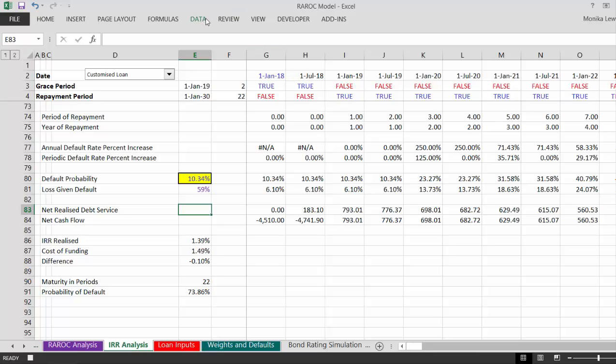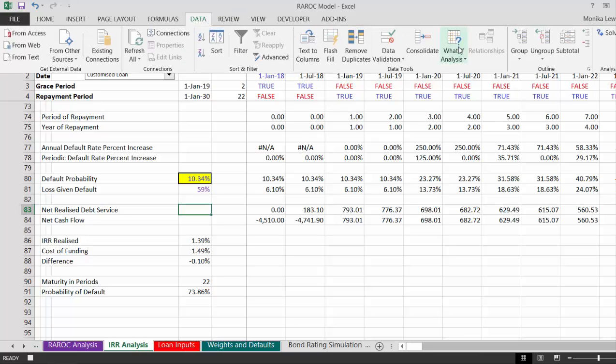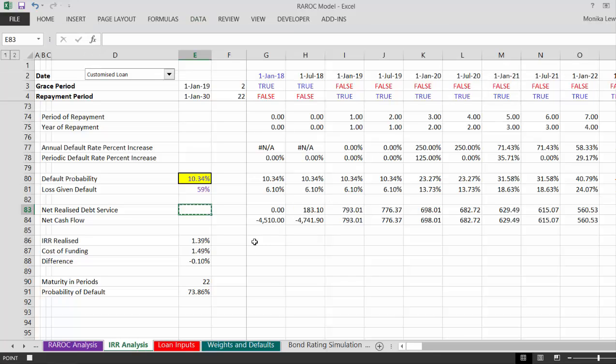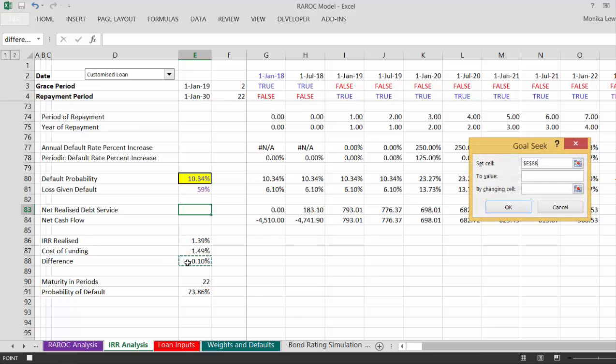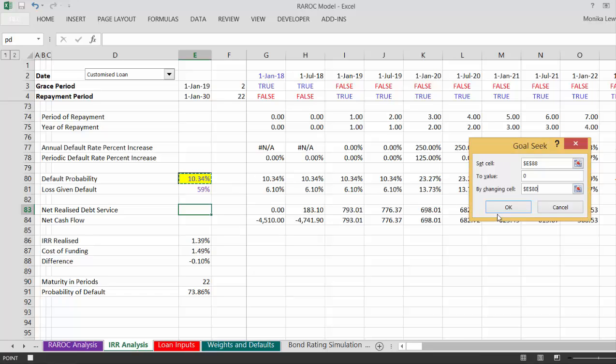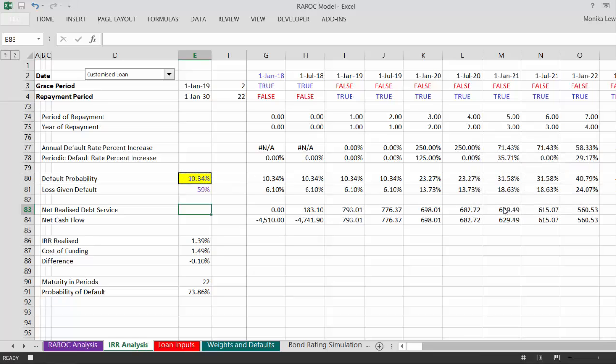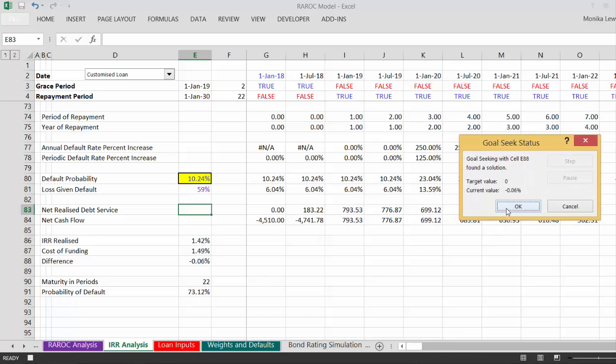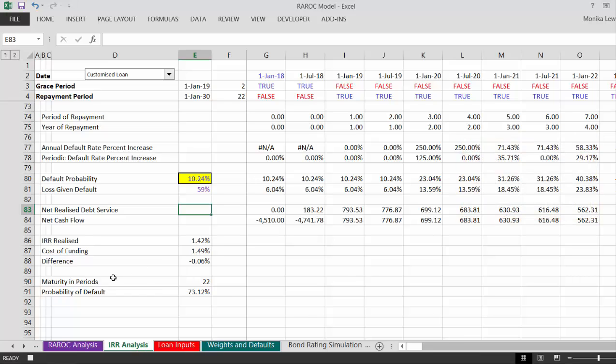Okay, now Data, What-If Analysis, Goal Seek, set the difference to 0 by changing the default probability. Okay, and we got a little bit of a difference. You could change the settings in Excel to do this.